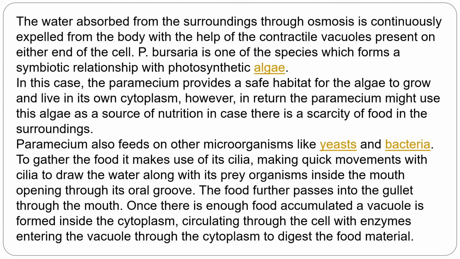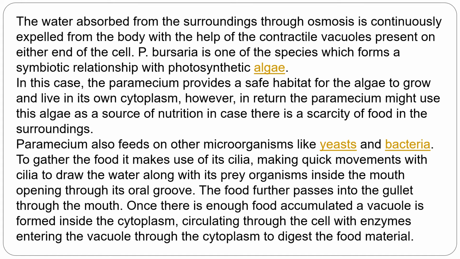However, in return, the Paramecium might use this algae as a source of nutrition in case there is a scarcity of food in the surroundings. So in such a case, it acts as a symbiotic relationship.